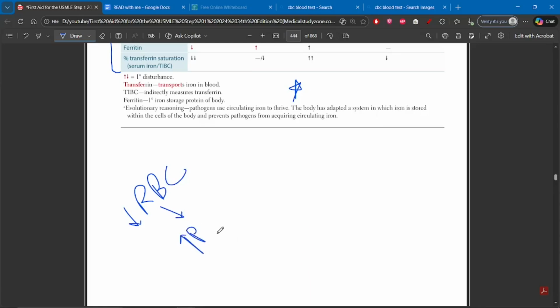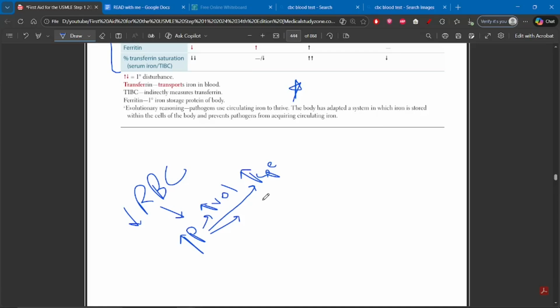After increasing its production, the production not only increases in volume but also in speed. So the RBCs are being produced more and they are being produced rapidly.